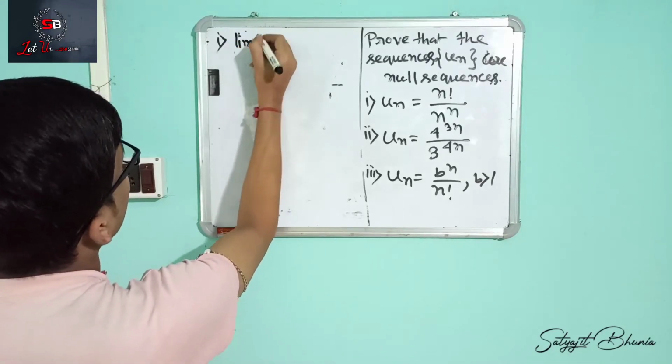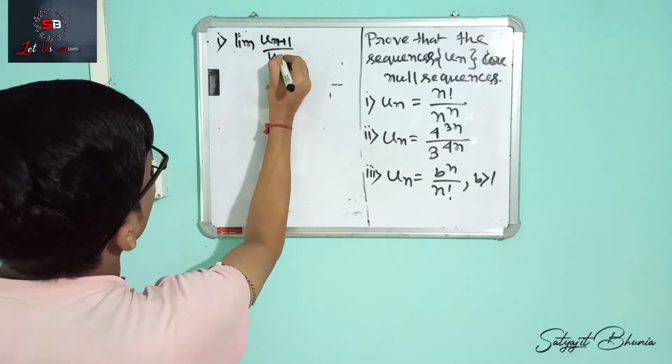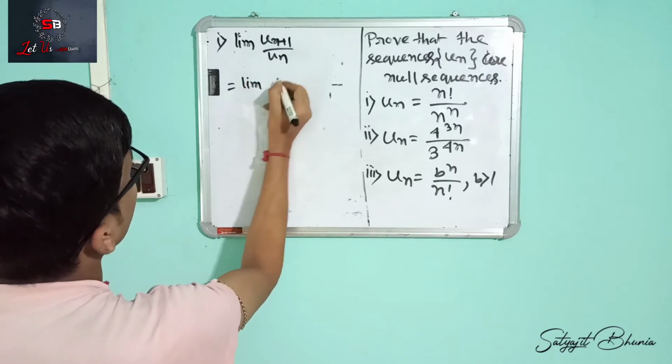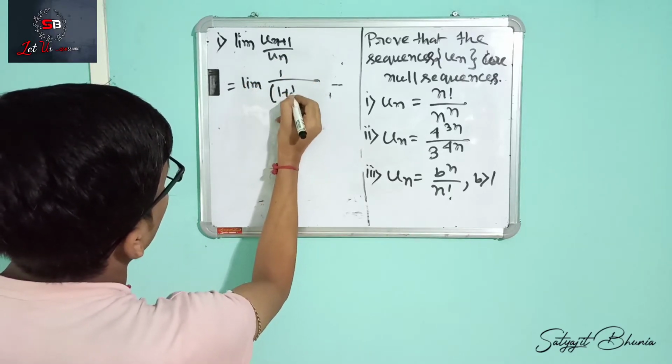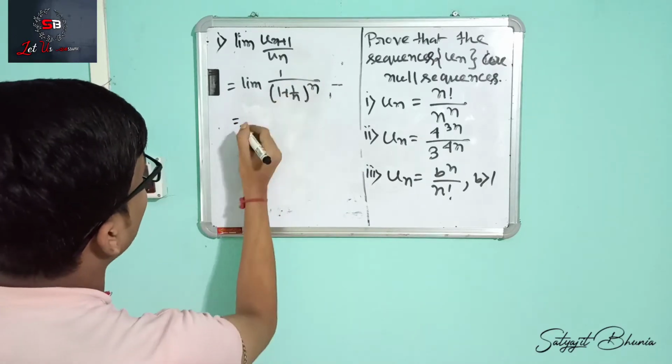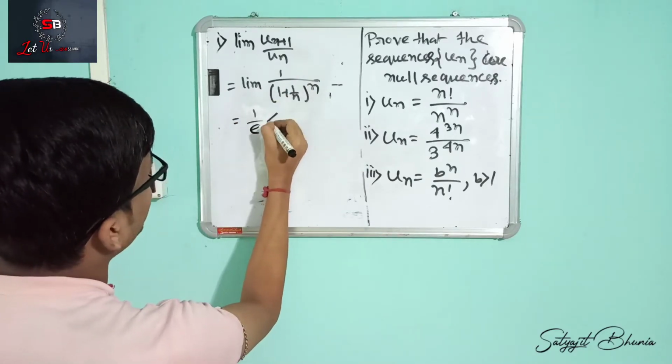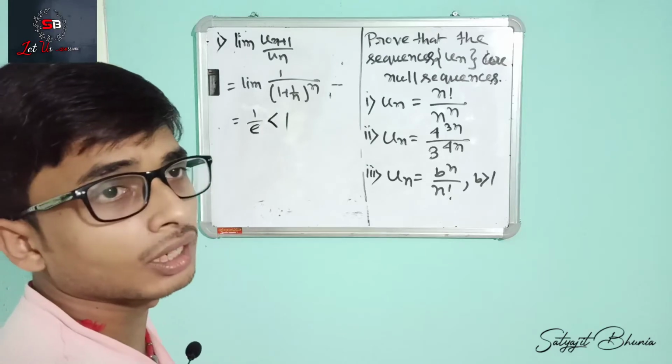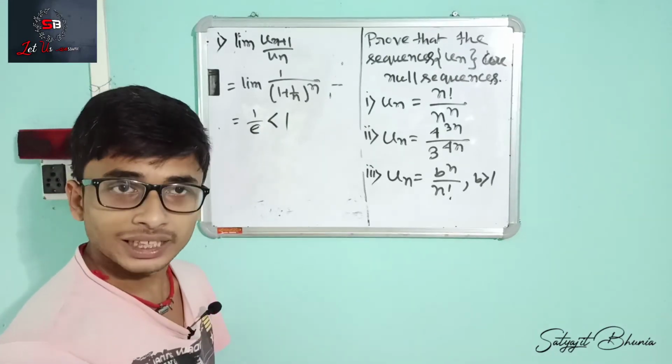And limit un plus 1 by un is equal to limit 1 by 1 plus 1 by n whole to the power n. Then the limit is 1 by e, which is less than 1 since e is greater than 1.